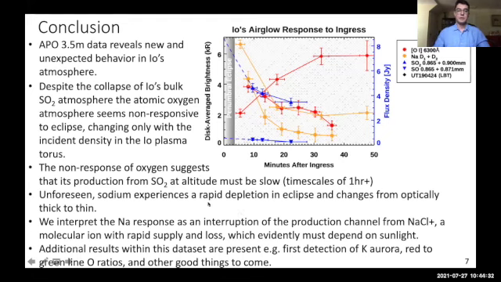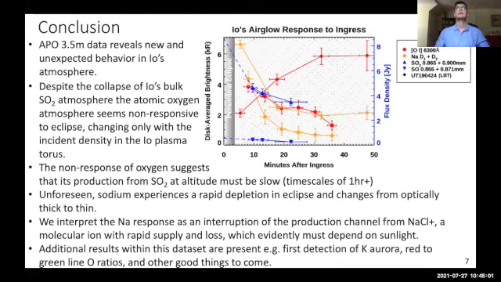So we interpret that response as an interruption of the production channel from NaCl+, an ion with rapid supply and loss. And this probably depends on sunlight. The reason we say this, and not, for example, sodium being neutral or sputtering occurring, is because we see that the bulk atmosphere collapses.